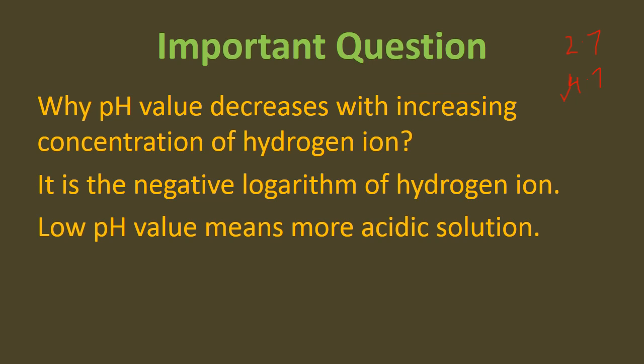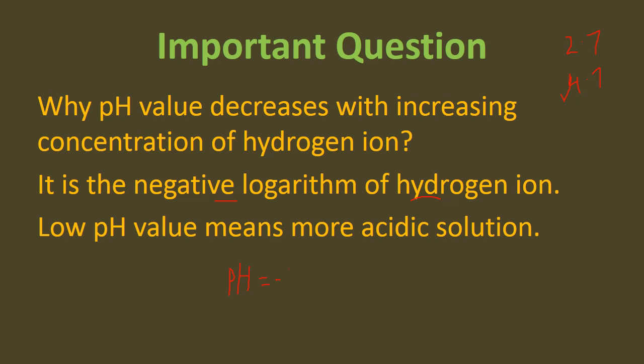So its answer is, it is the negative logarithm of hydrogen ions. So remember, whenever we take the negative logarithm of anything, its value decreases. So basically, pH is the negative logarithm of hydrogen ions, and this negative log decreases the value.